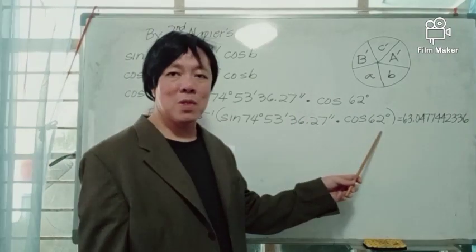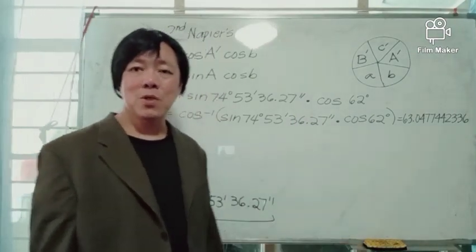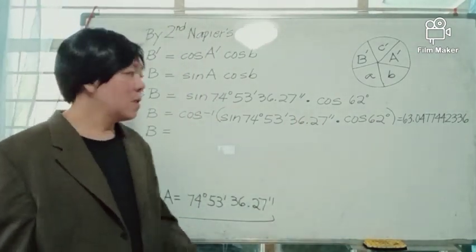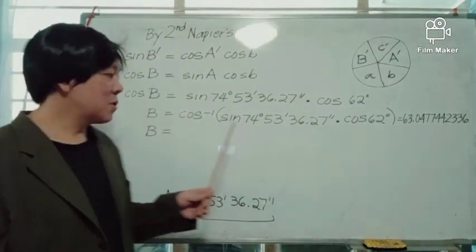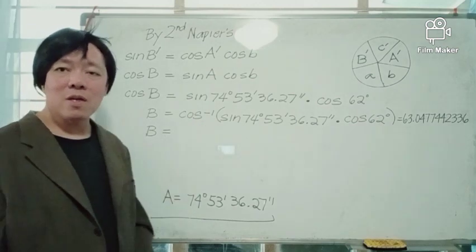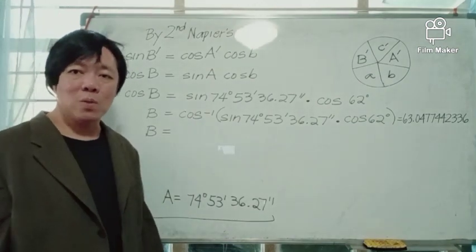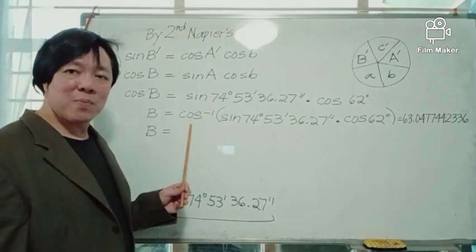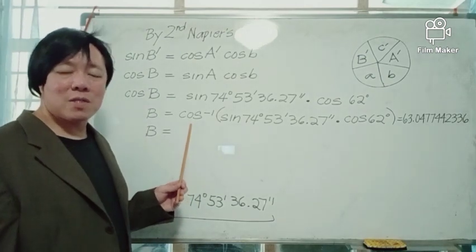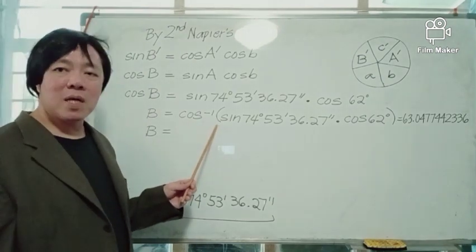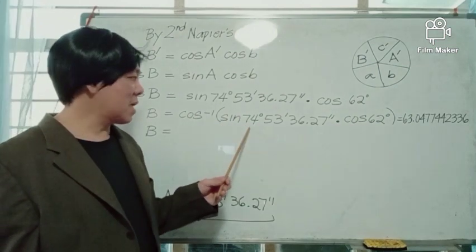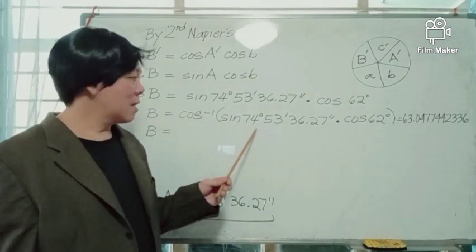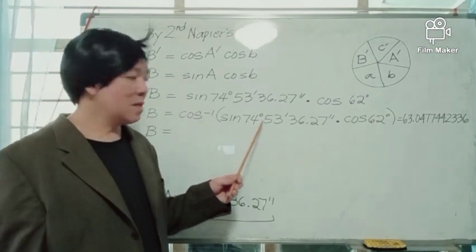cosine of 62 degrees. And use your scientific calculator to find the value of this. You press cosine. Your calculator should be in degree mode. Press shift cosine or arc cosine in your scientific calculator. Press open parenthesis. Press sine. Press 74. And you press degree.